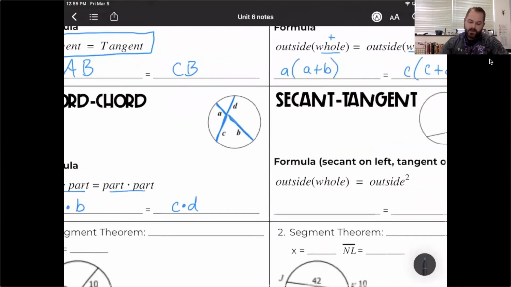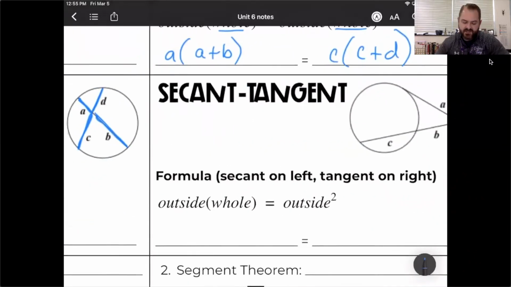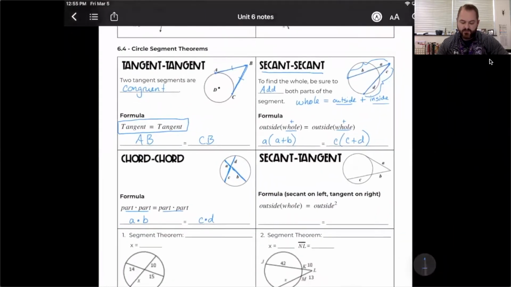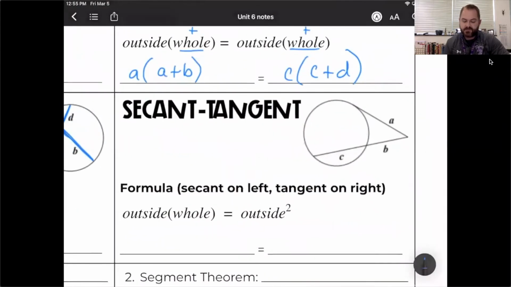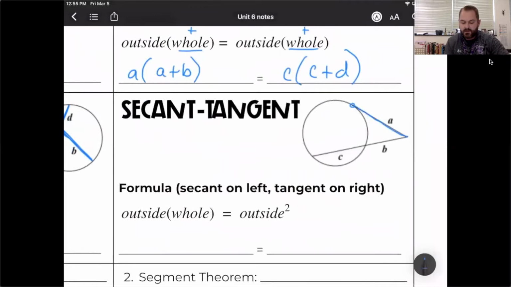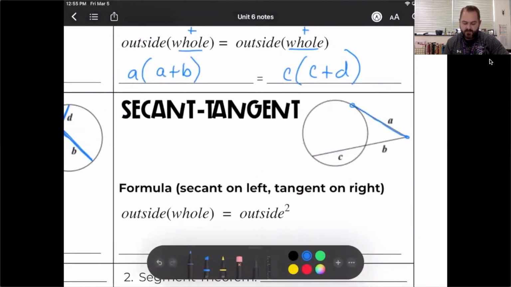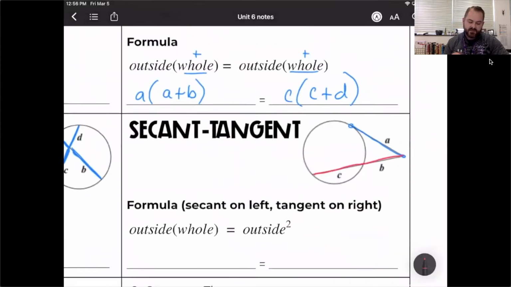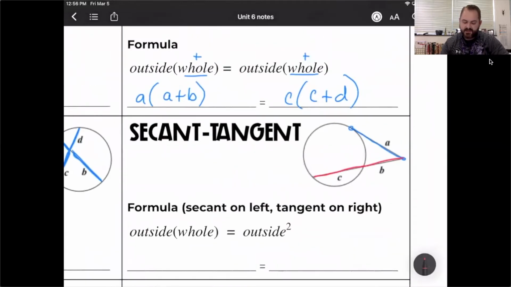And finally, we have something called secant-tangent, and that's kind of a combination of secants and tangents, where one of the lines or segments is a tangent, like this one, and the other one comes from a secant. So again, we've got a part outside and a part inside and the whole thing. It's really the same thing as outside times whole equals outside times whole, but here for that tangent segment, the whole is equal to the outside.